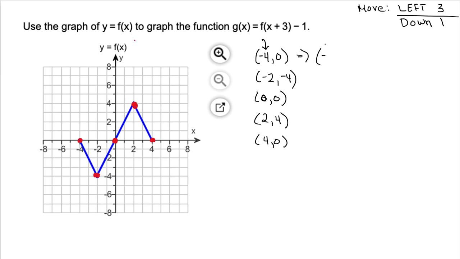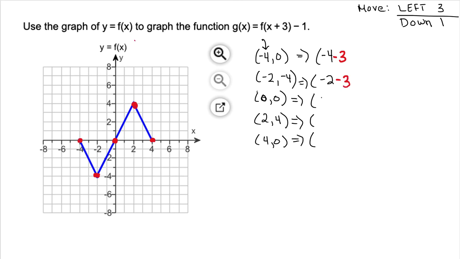So I'll have negative 4 minus 3, and I'm going to do that for every ordered pair. I had a minus 2, I'm going to subtract 3.